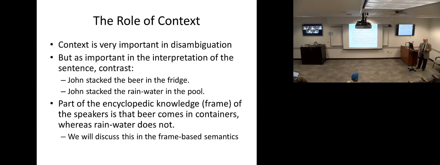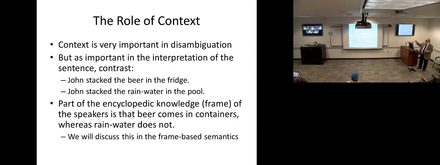Now, why he would have done that, I've got absolutely no idea, okay? But that's what he would have had to do, okay? And then he had to fill the bottles with the rainwater, right? Because we know that in order for something to be stackable, it has to come in containers, right?